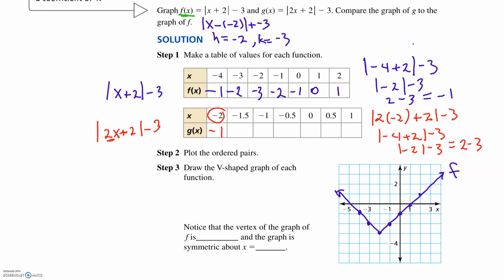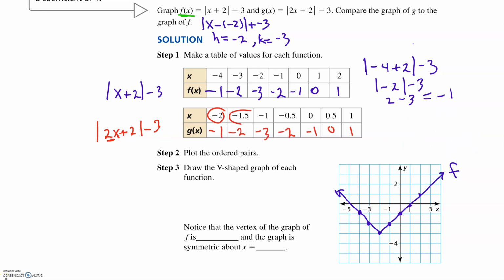I'm going to pause the video. You can plug in the next and find the rest of the table of values. Notice when you plugged in negative 1.5, we got 2 times negative 1.5, which is negative 3. Negative 3 plus 2 is negative 1. The absolute value of negative 1 is 1. 1 take away 3 is negative 2. So we get a y value of negative 2.